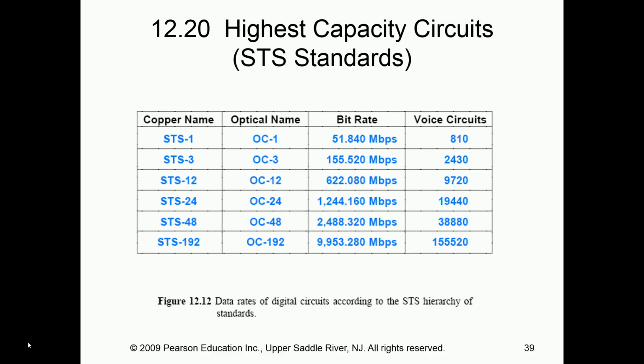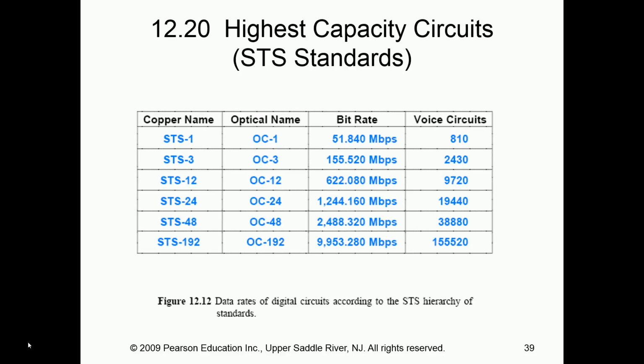Here, our base data rate is roughly 51.84 megabits per second. So, to go from an OC1 to an OC3, it's roughly 3 times. To go from an OC3 to an OC12, that's roughly 4 times. Not again 100% 4, but when you start adding them up, they add up pretty closely.